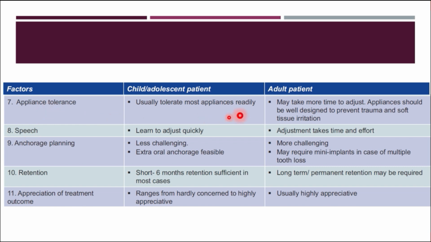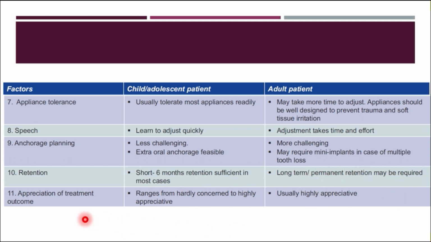Similarly, appliance tolerance is high for the child patient, whereas it is very low for the adult patient. Children learn to adjust quickly to the appliance, and treatment planning is less challenging for young patients, whereas it is more challenging in the adult patient. And only a short-term retention of 6 months is sufficient for the young, whereas long-term permanent retention may be required in the case of adult patients.